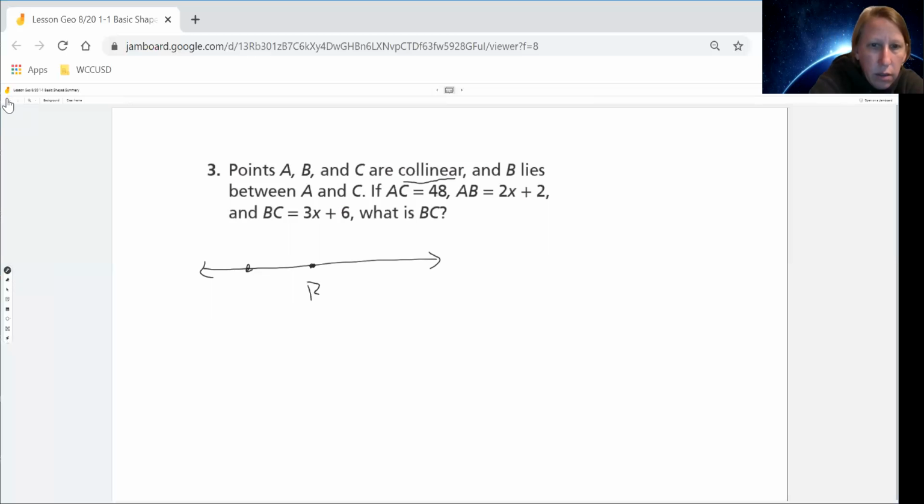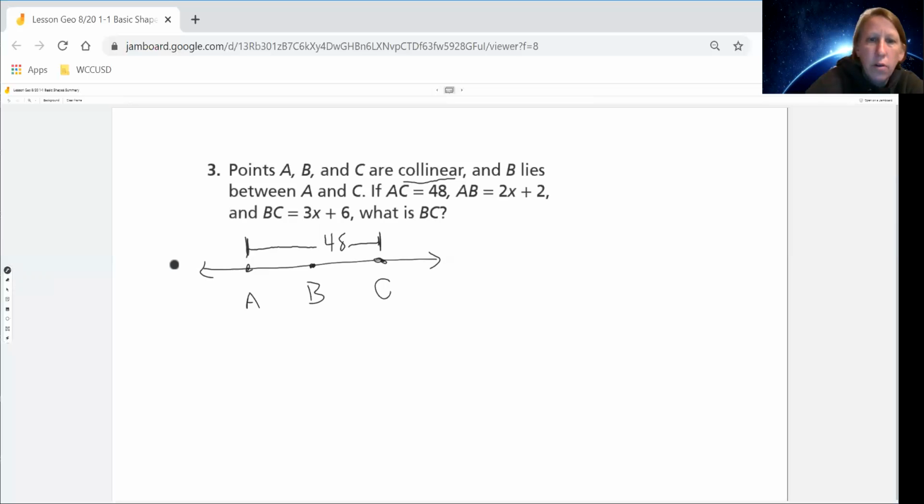Put B here, C here. And then we also know that to walk from A to C, it says AC is 48, so that means if I'm walking to get from A all the way to C, it's going to take 48 steps.